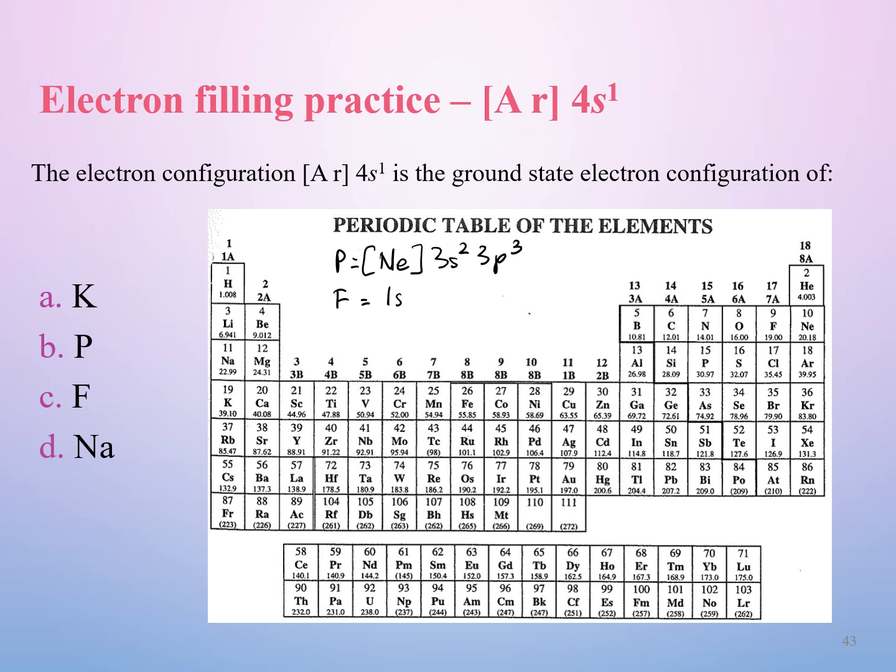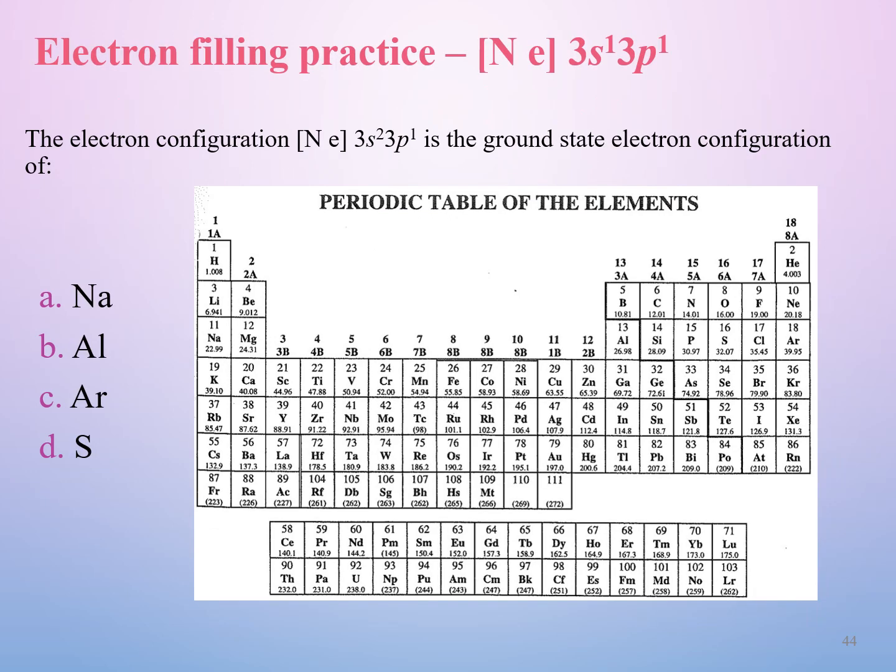It's 1s2, 2s2, and then fluorine is number 9, so it's 2p5. And then Na, sodium, is number 11. It's right after neon, so we'll say neon plus 3s1. Those will all be the configurations.